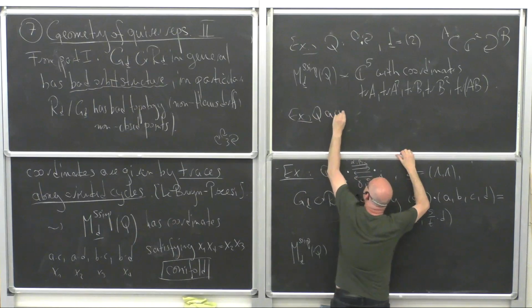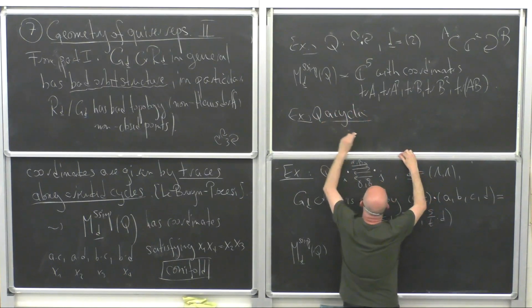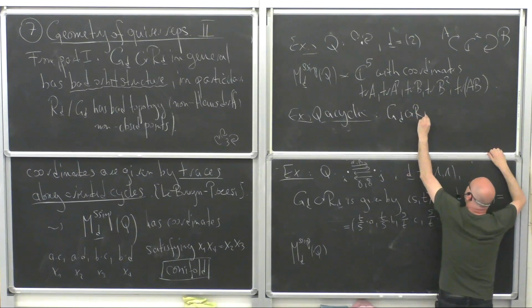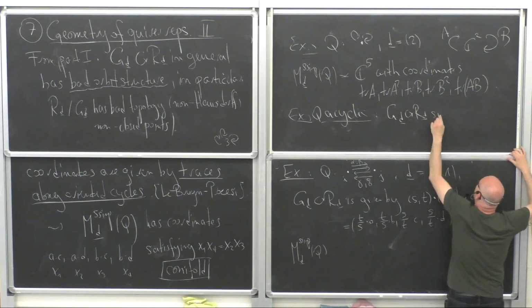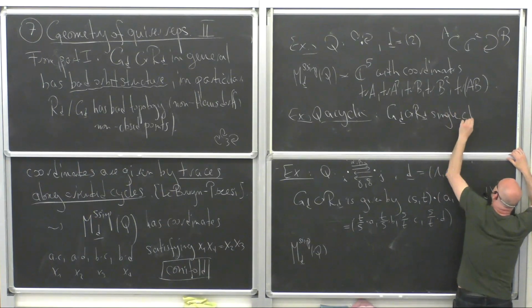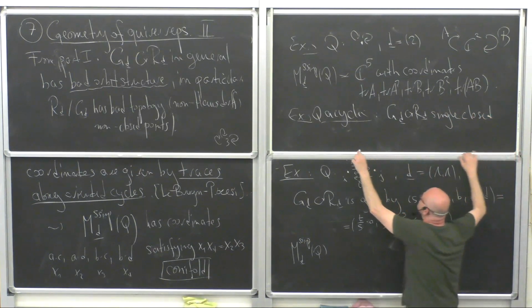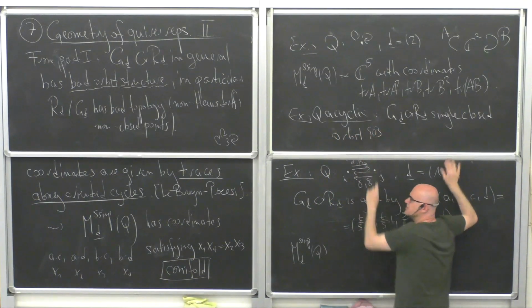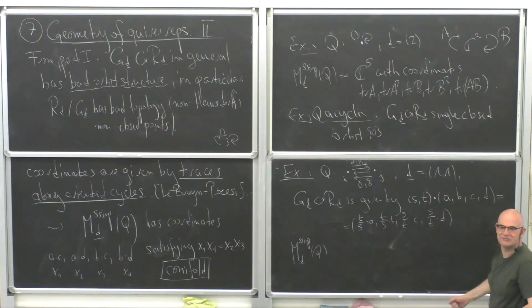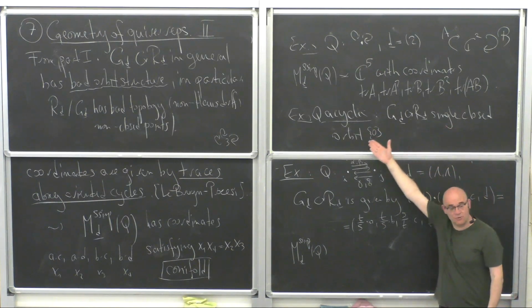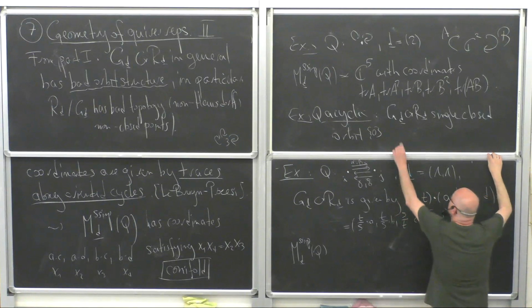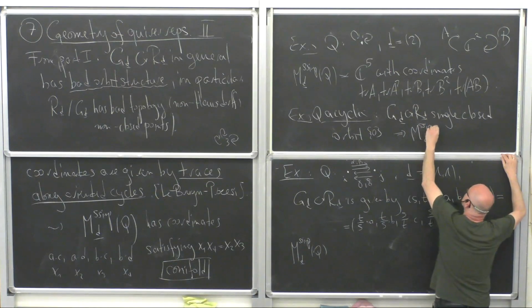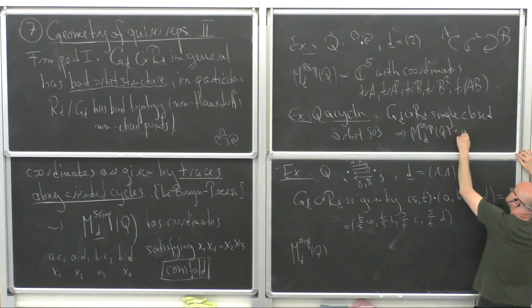If Q is acyclic, so no oriented cycles, then G_d on R_d always has a single closed orbit, namely 0. That's it. And all other orbits have 0 in their closure. And then all these moduli spaces are just single points.